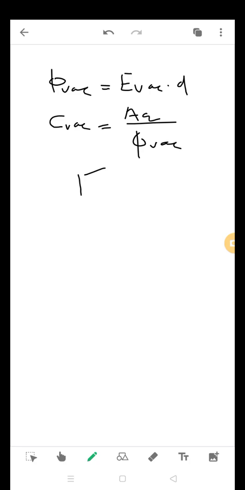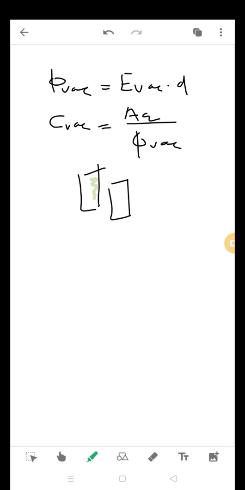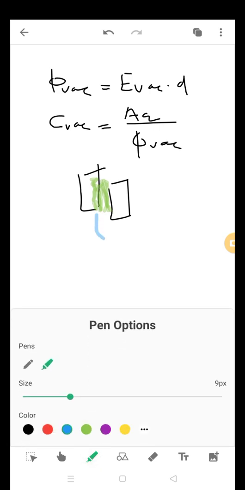Now what we will do is fill up the space between the plates with, say, a dielectric medium. Once the space between the plates has been filled up by a dielectric medium, we call it an insulator.